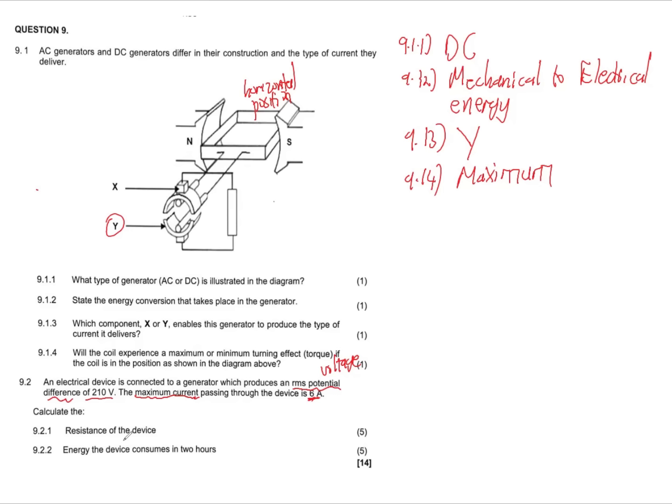9.2.1 says, calculate the resistance of the device. Okay, so we have the RMS potential difference, but then we have maximum current. So for this 5 marks, probably involve 2 formulas now. So we need to convert this to Irms so that we can calculate the resistance. We cannot calculate with the maximum current.